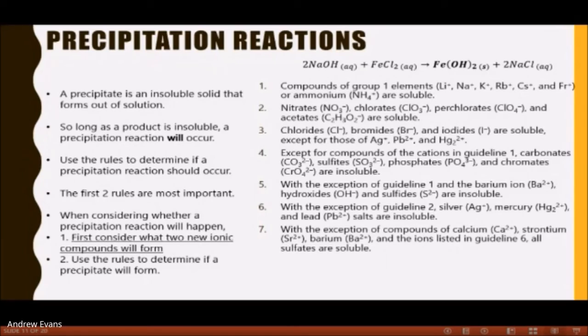Now, if I mix two aqueous solutions together, if I don't have an acid base, a redox, or a precipitation, there is said to be no driving force, and thus no reaction.